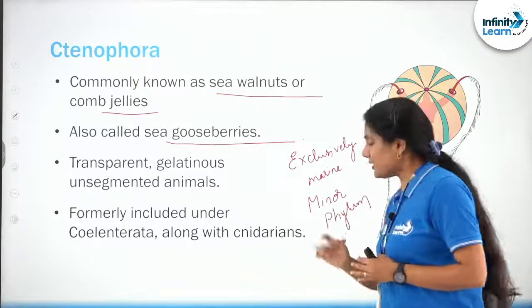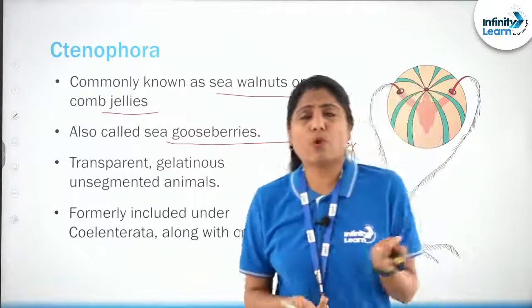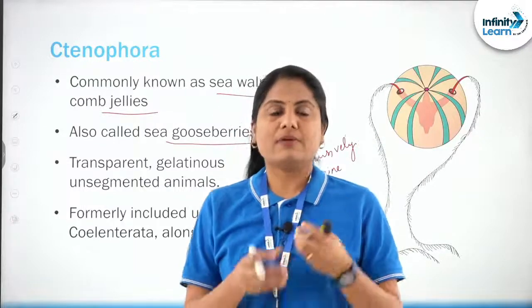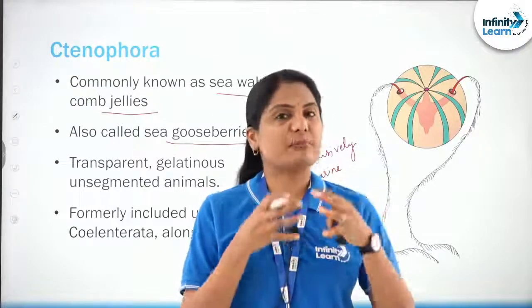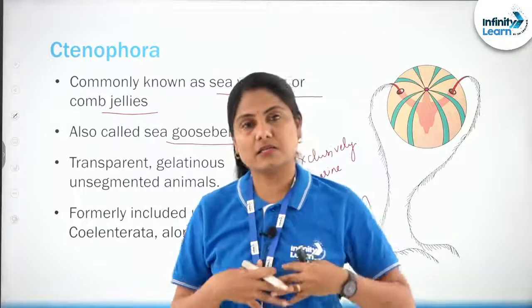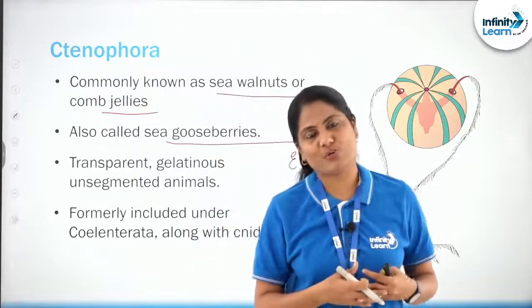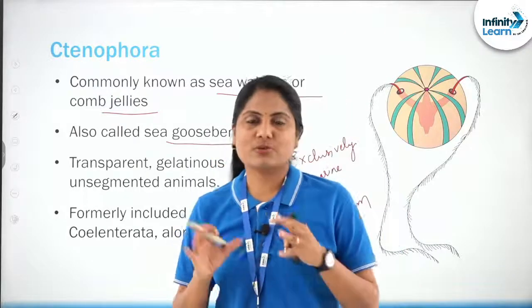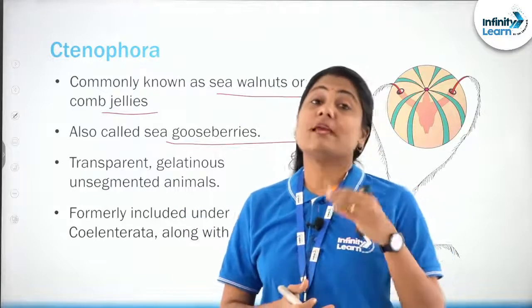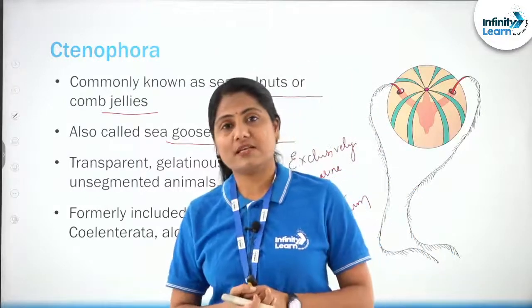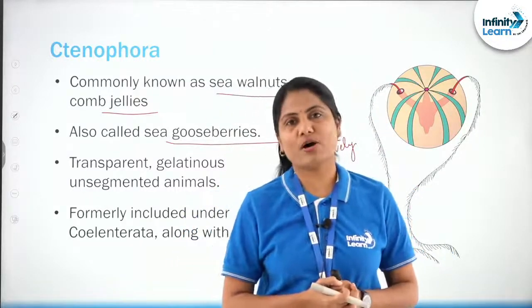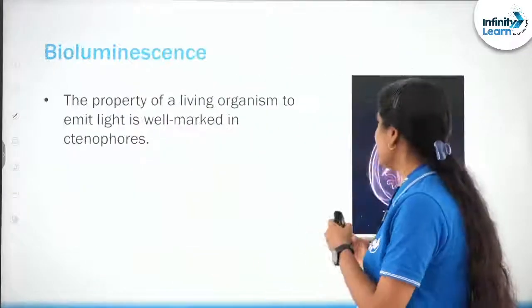So, it is important that you remember this also. Now, what's a minor phylum? If there are a smaller number of species included under a certain phylum, we refer to it as a minor phylum, right. So, this is one minor phylum. Hemichordata that you are going to study at a later point of time, that is also a minor phylum, right.